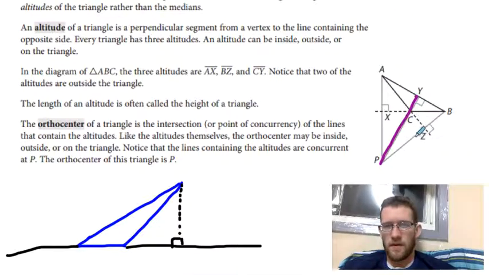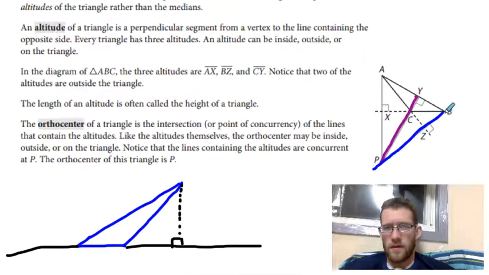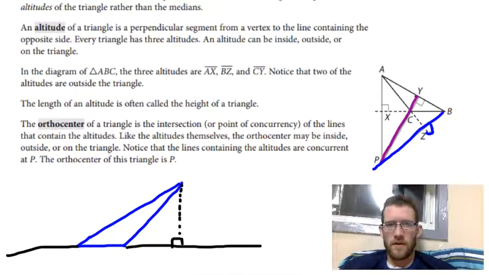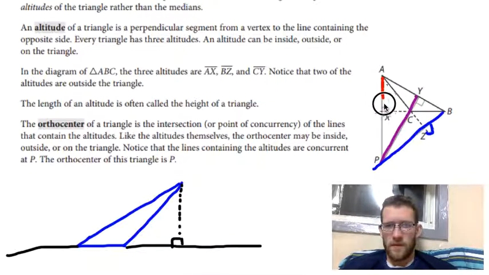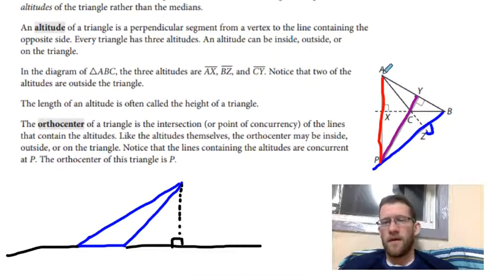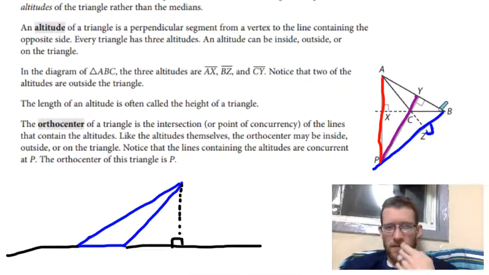Similarly, I can draw B to P. It is perpendicular here to AC, and it goes through point B. And then finally, I have AP, which is perpendicular to BC, and it goes through A.